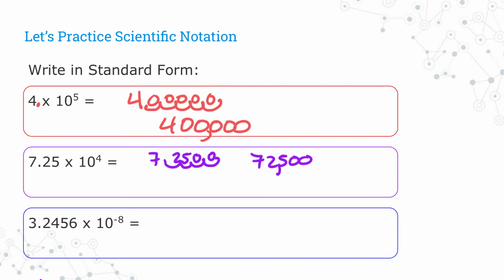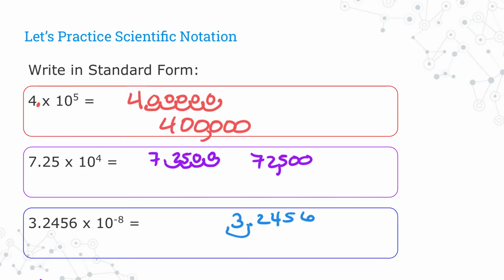What is 3.2456 times 10 to the negative 8th in standard form? If we write that, I'm going to write it over here, 3.2456.